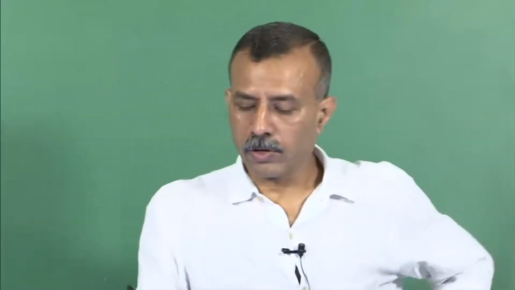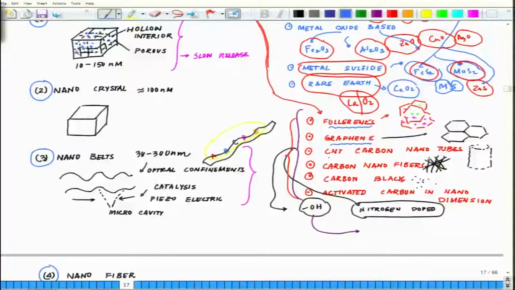Then you have graphenes, then carbon nanotubes, which are hollow tubes, then carbon fibers, carbon black, and activated carbon in nano-dimension.